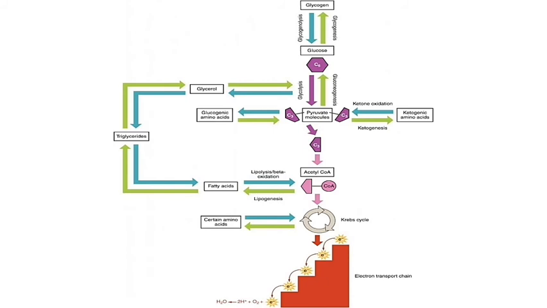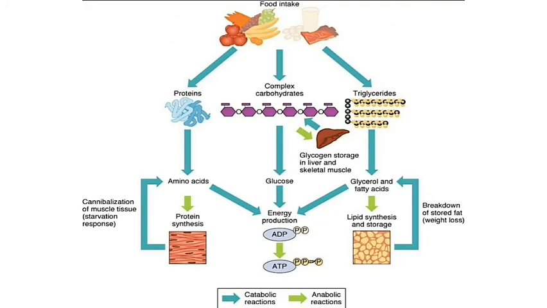So each of the pathways is interlinked with the others by means of mechanisms or catabolic reactions, and the main motive of each of the macronutrients is the production of energy or the production of ATP.